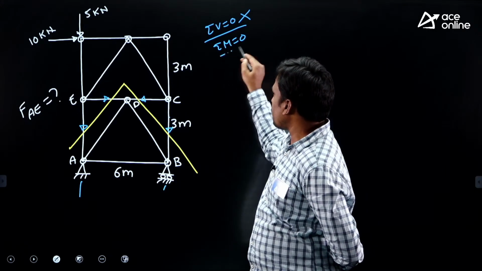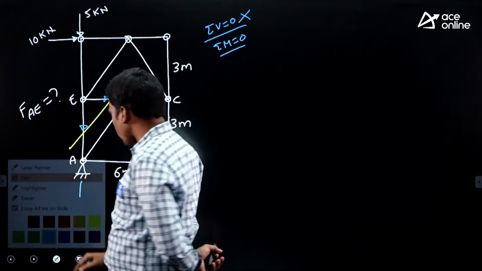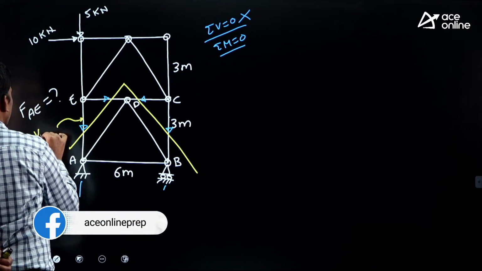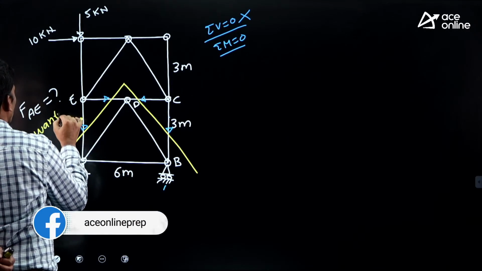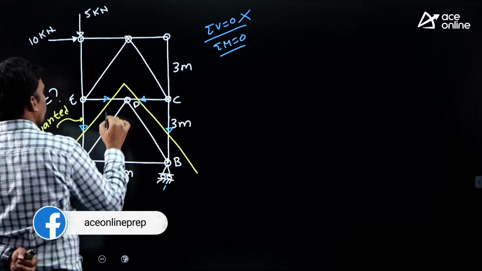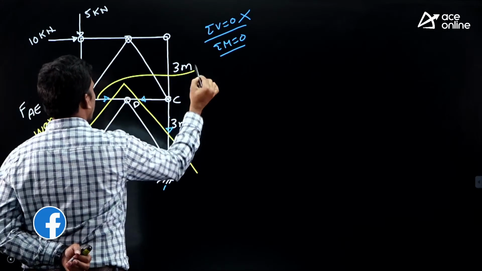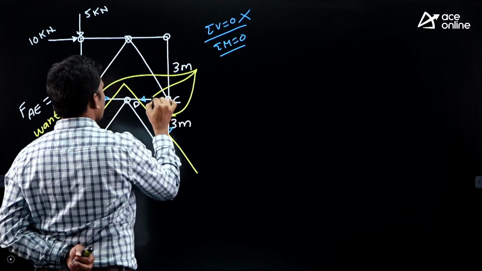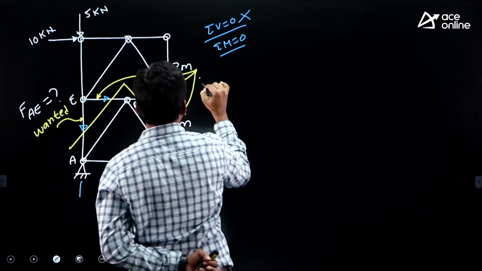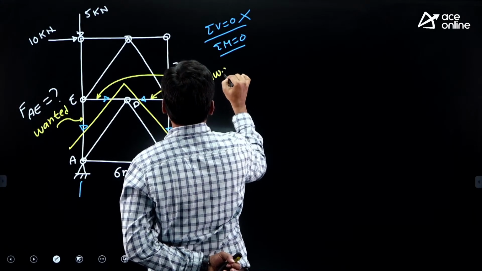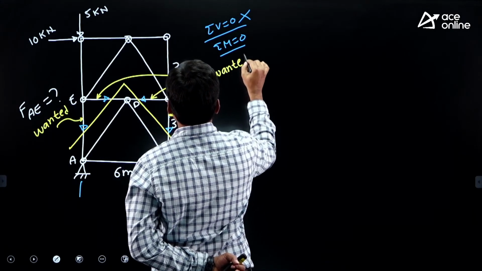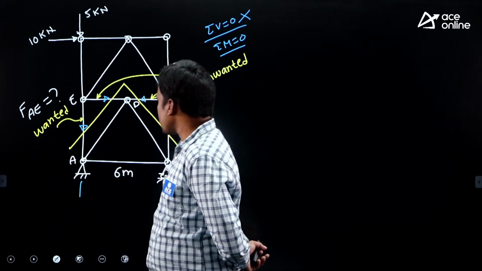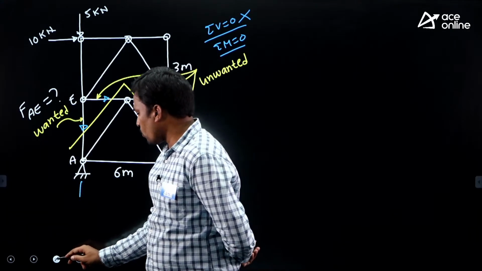The next is sigma M, again wanted member and unwanted members, right? Now this is the wanted member. Then how many unwanted members are there? 1, 2, 3. So here 3 unwanted members are there. Now tell me, all the unwanted members, are they meeting at a single joint? Check the line of action of unwanted members.